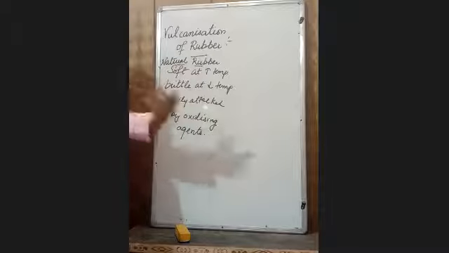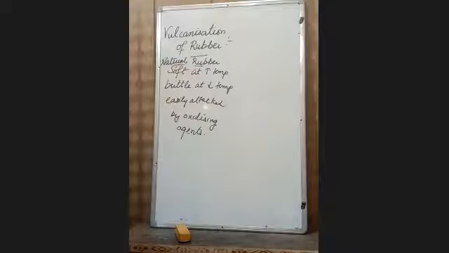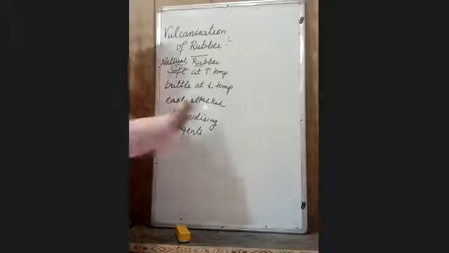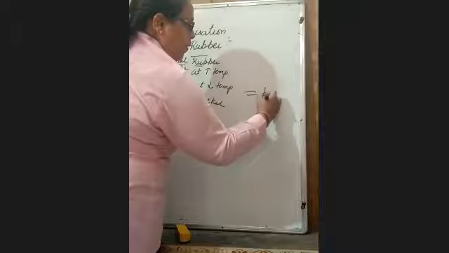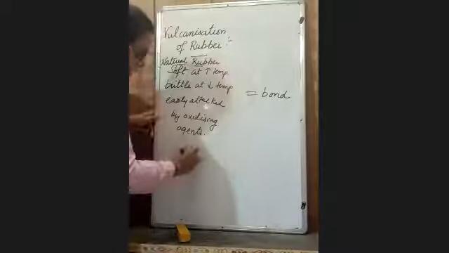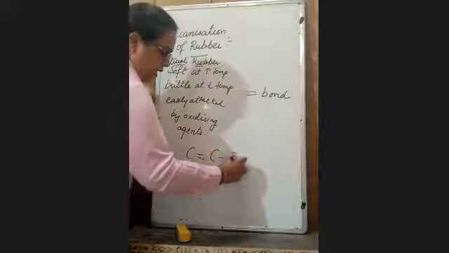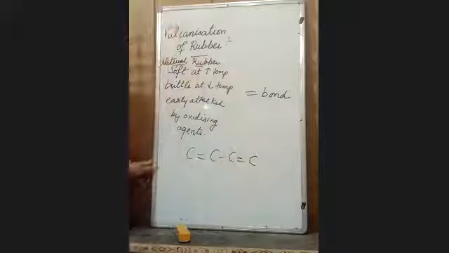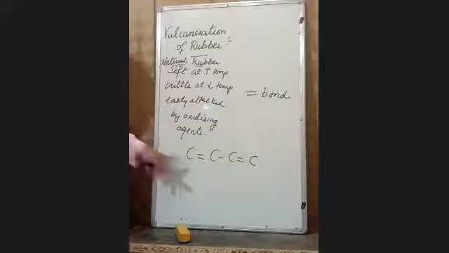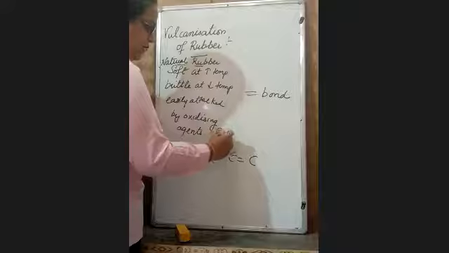We improve the quality of natural rubber by heating the natural rubber with sulfur, which is getting attached at the reactive sites of double bond. See, this is 1,3-butadiene. Here, the double bond is present.